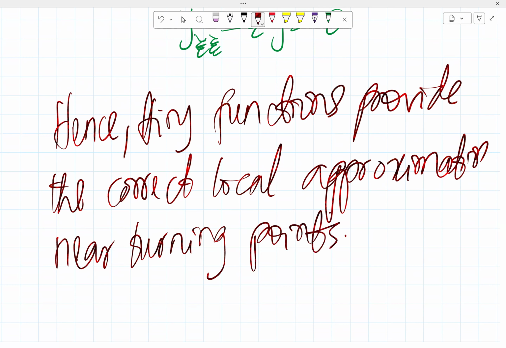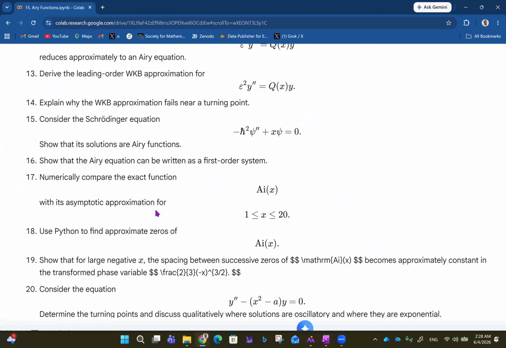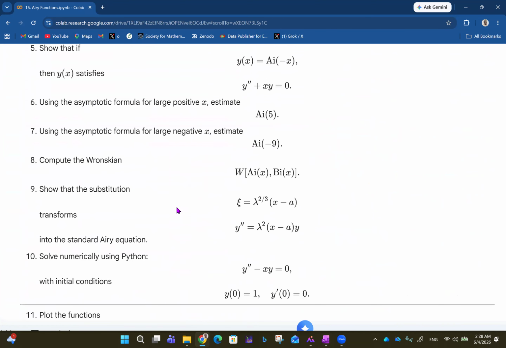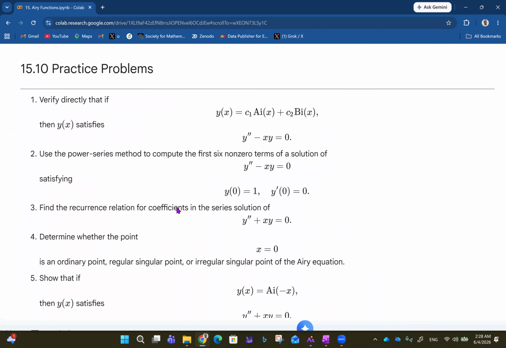Okay, and that's the end of this video about Airy equations. It's been such an eventful one, and we see how related it can be with the last video where we talked about asymptotic methods. So I'll flash the practice problems once more, and then this will be done with. So again, we have practice problems.